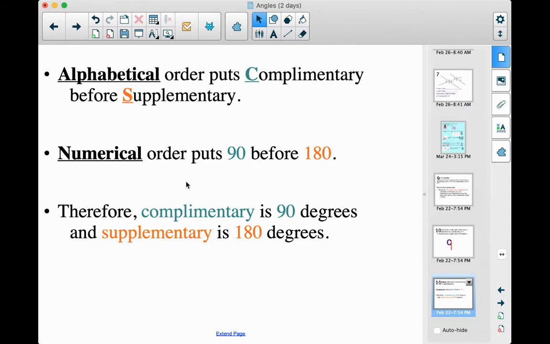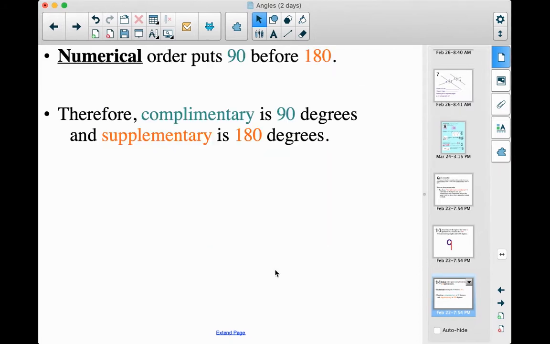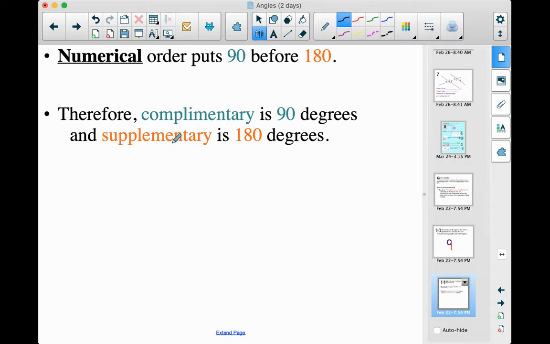I'm going to add a fourth method just because it's how I learned it and how I've always remembered it. So in case you like this one. Crooked means like bent. So I'm going to draw a crooked line. This line is crooked. Crooked starts with a C. C stands for complementary.